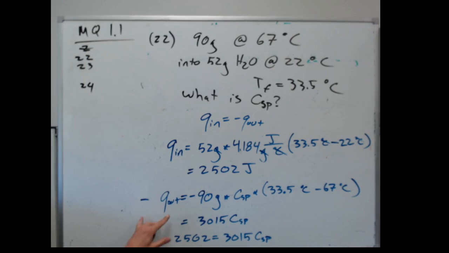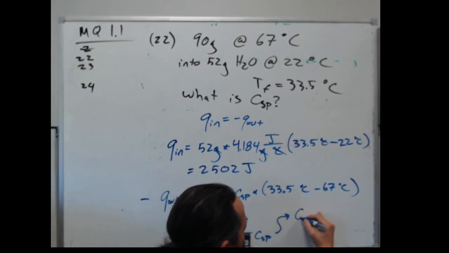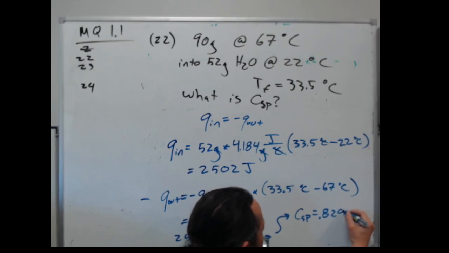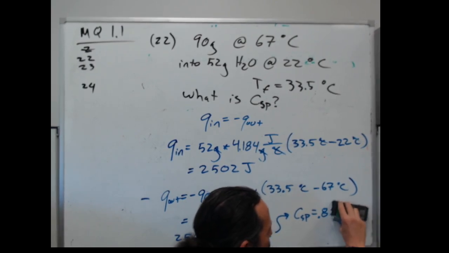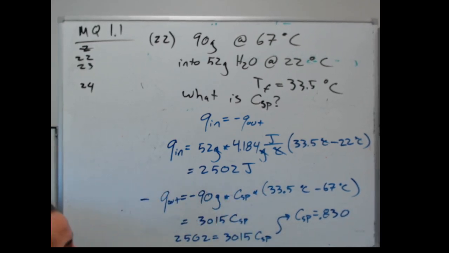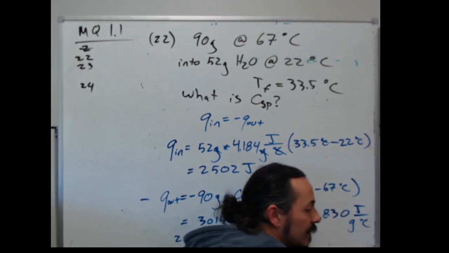Don't carry the negative again, right? That is the negative Q out. So I'm going to do inverse times 2502, and we get a heat capacity for our metal of 0.829. With the significant figures, it's 0.8298, so it's going to end up rounding to 0.830, in units of joules per gram degrees Celsius.